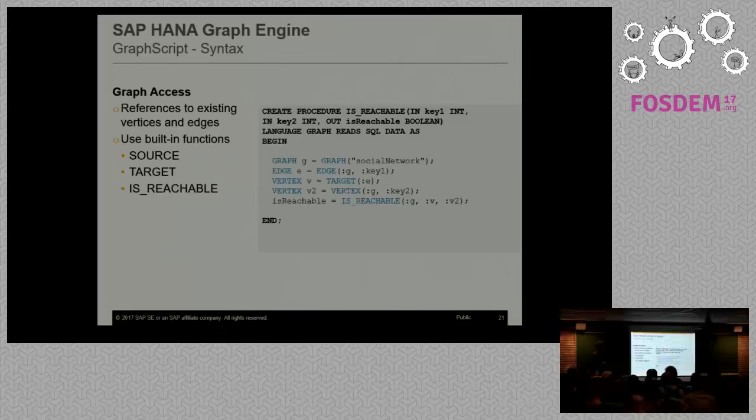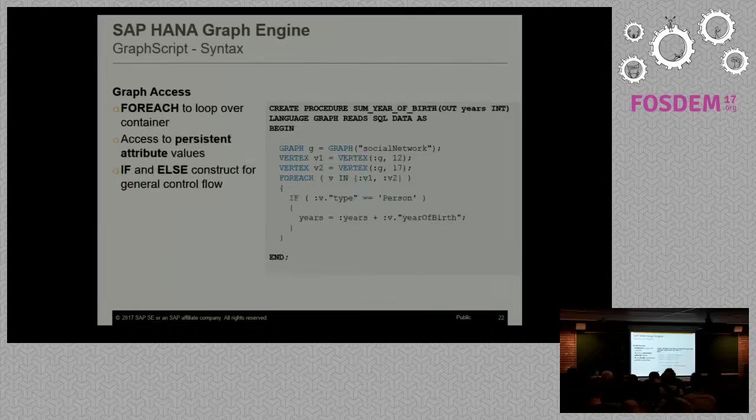Okay, and the third example should show that we offer general purpose programming language constructs, like that you can loop with a for each over a container and use if-else blocks. So here in the example, we want to sum the year of birth for two vertices if they are persons, whatever reason there might be that you want to do that, but you can do it.